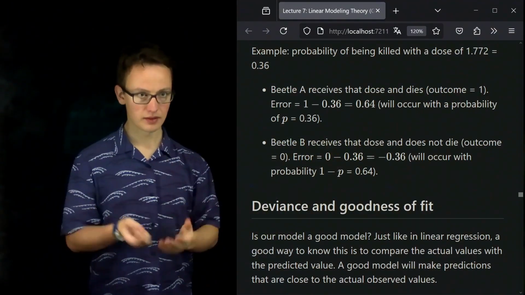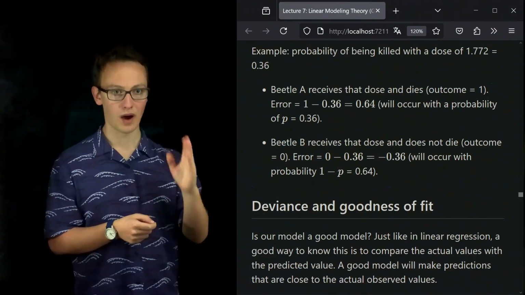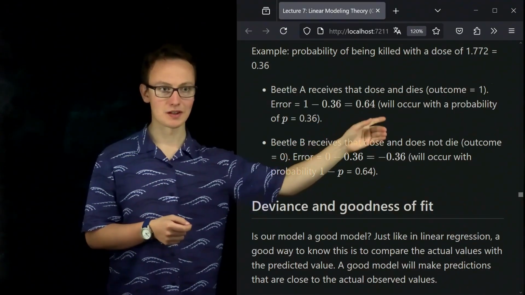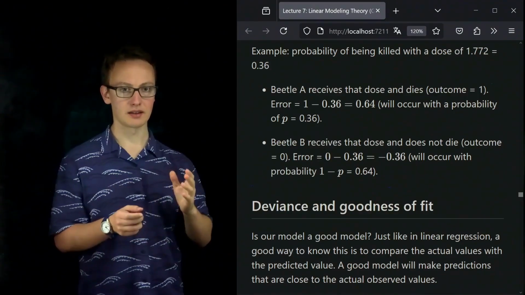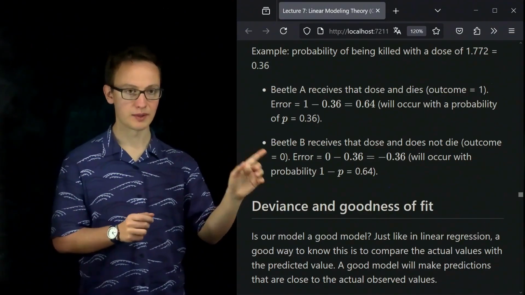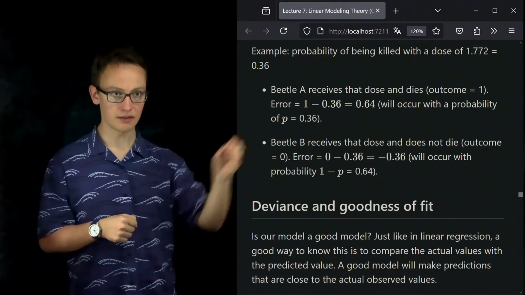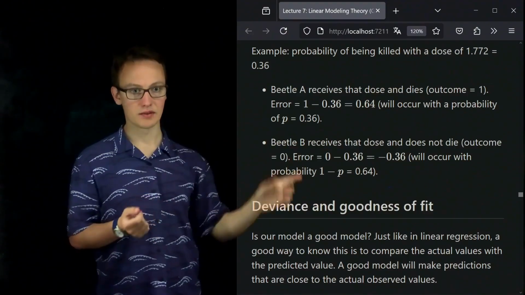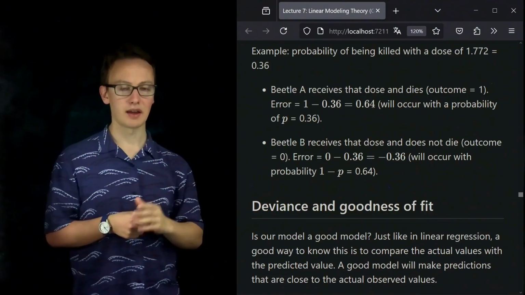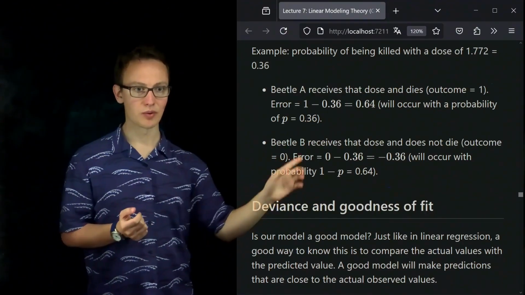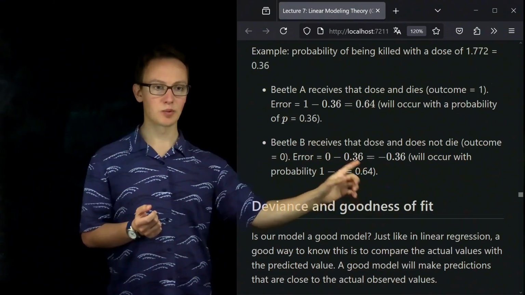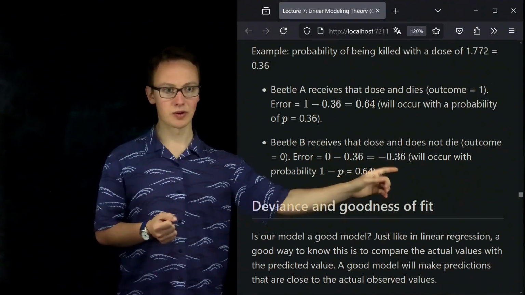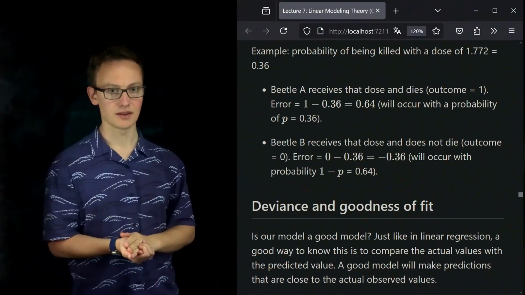Then the error we have here is 1 minus the predicted probability, so 0.64. And alternatively, if we have a beetle B, which received that very same dose, 1.772, but it did not die, it survived, that's the outcome 0, then the error will be 0 minus the predicted probability. So 0 minus 0.36, which will give us minus 0.36. That is the error in this case.